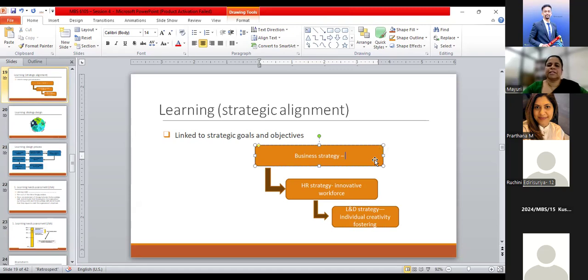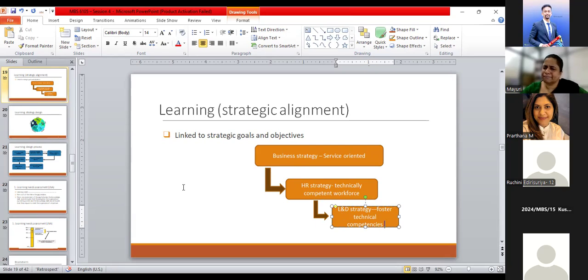They changed their business strategy to be service oriented. Now they provide vehicle services. For that, in the HR strategy we need a technically competent workforce, so the focus should be to foster technical competencies. Then you can see these align: business strategy, HR strategy and L&D strategy.